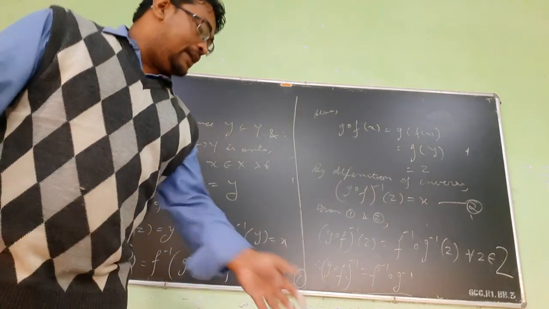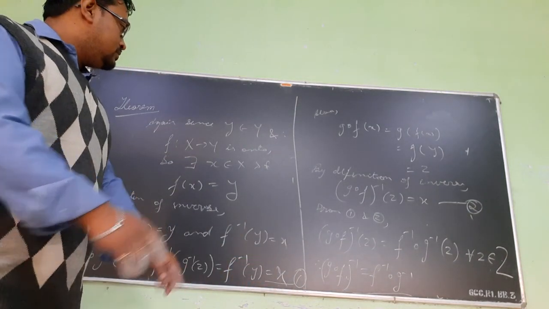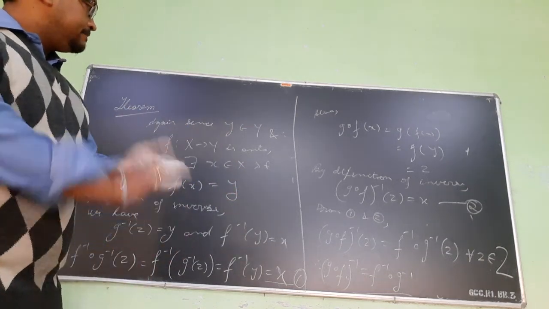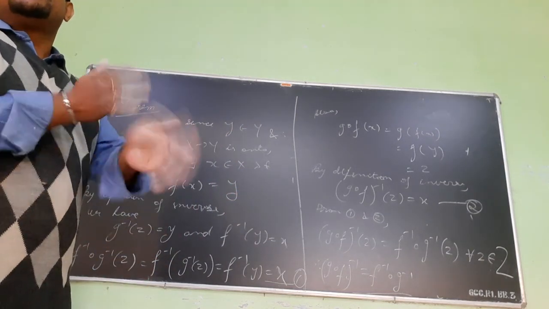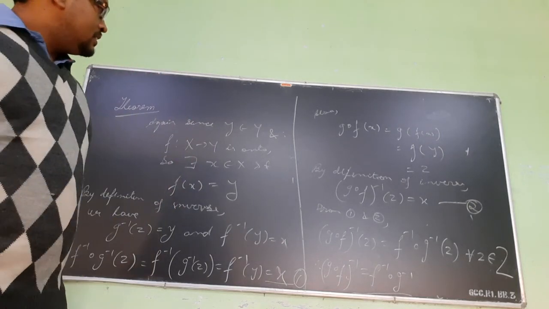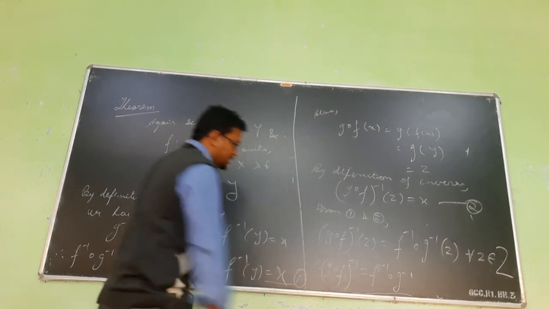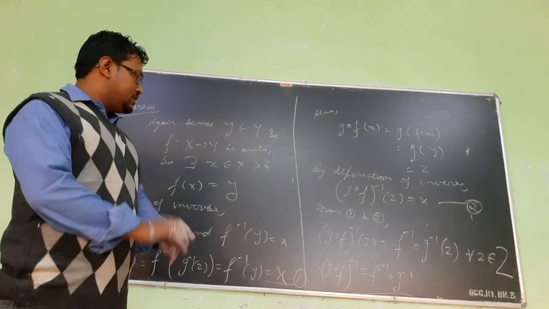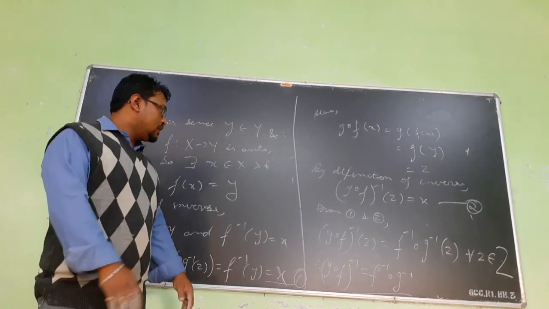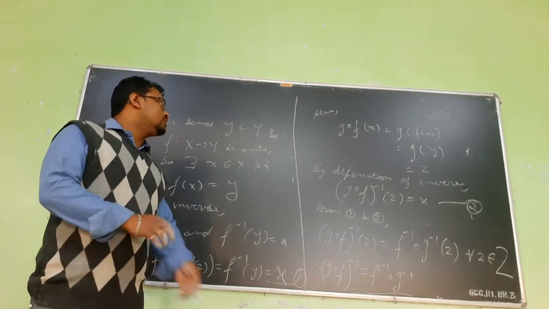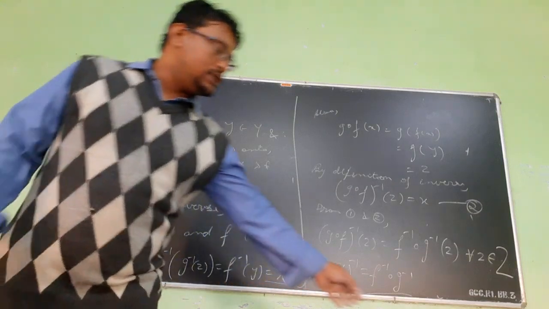So they have the same domain and codomain, and they are equal at an arbitrary element. Their functional values are equal at an arbitrary element. Okay, this is what you do. Okay, so we are done.